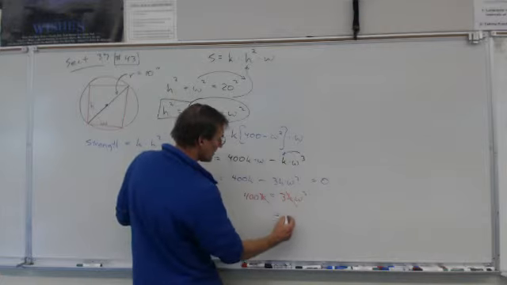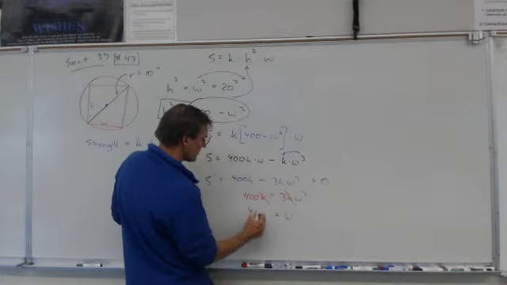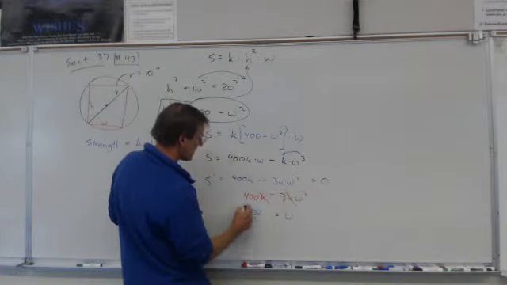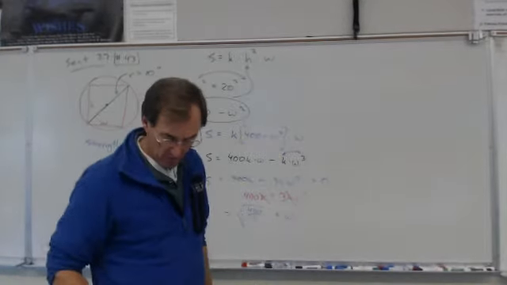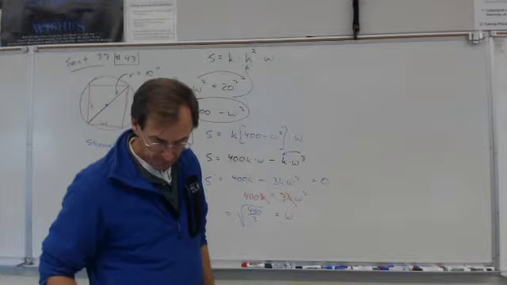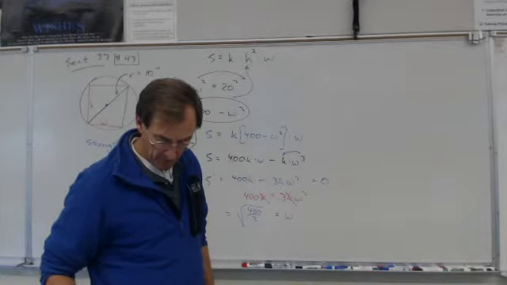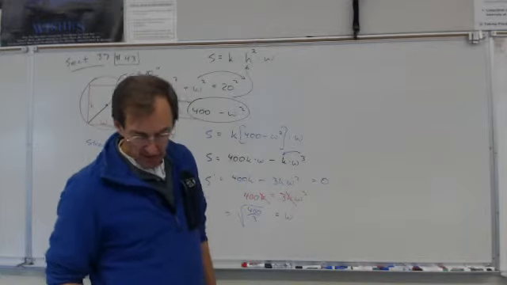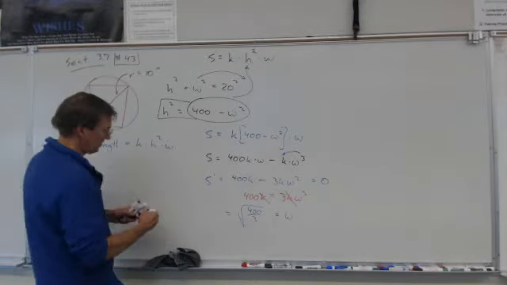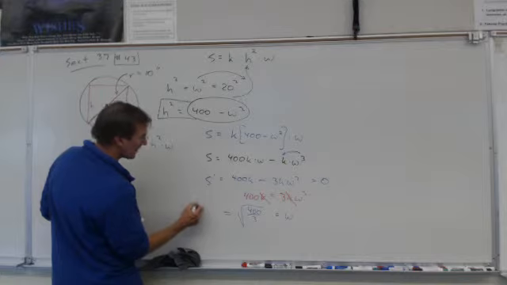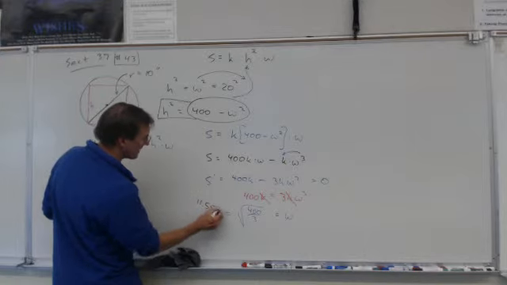So W is going to be 400 divided by 3, and then take the square root of that. So W, let's see, what would that be? 400 divided by 3, take the square root of that. About 11.55 inches. So the width should be about 11.55 inches.